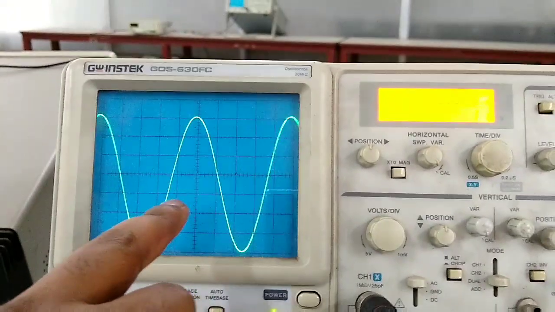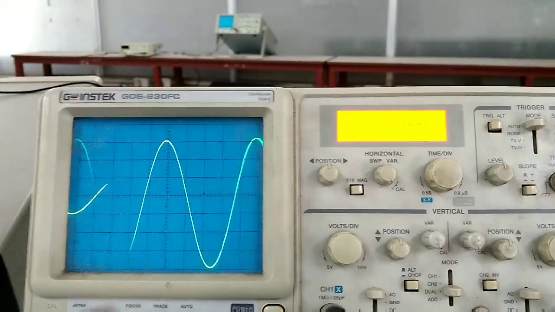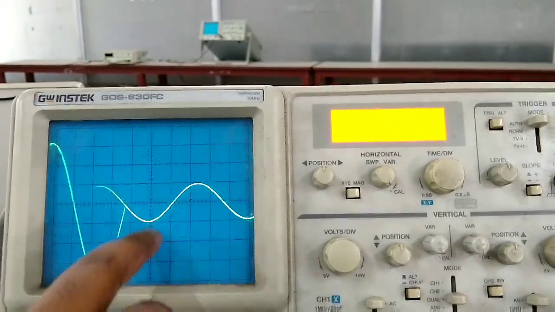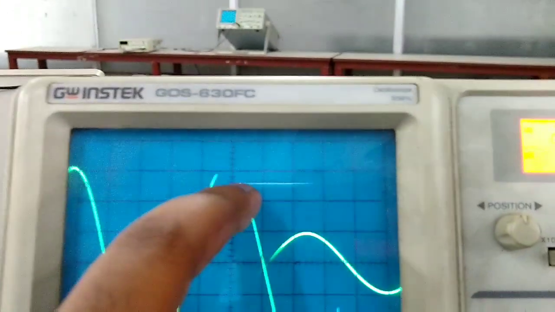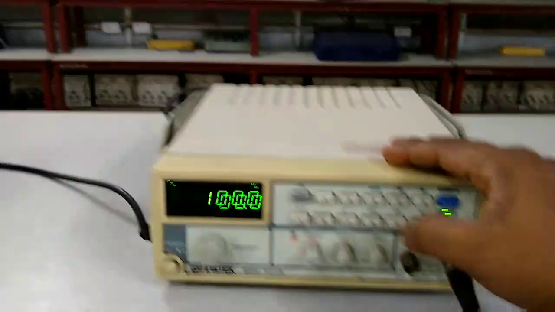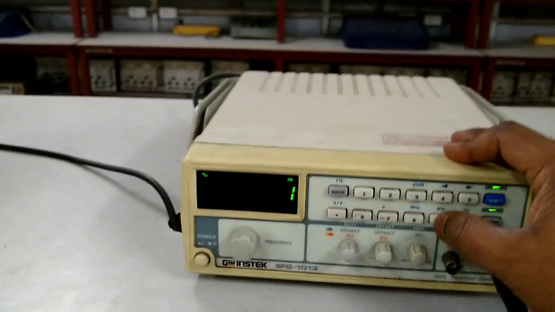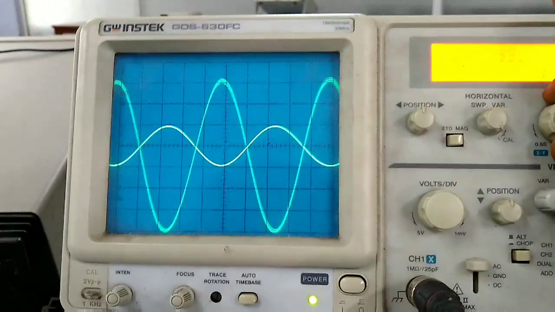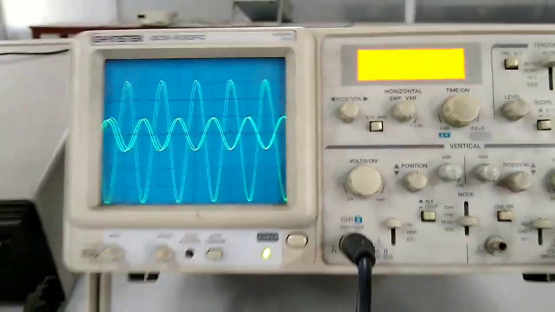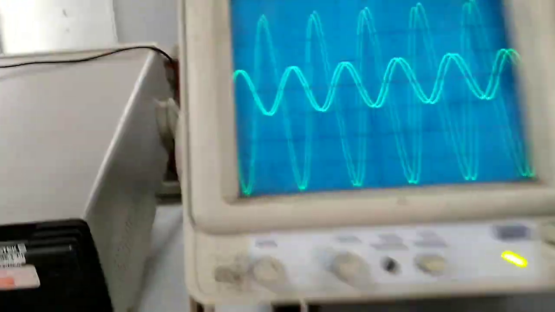The input voltage is 2 volt and the output voltage is almost 7.2. Now make it 1 kilohertz. In 1 kilohertz frequency, you have seen it before, it is 7.4. Now it is coming 7.2, okay, 7.2, 7.4.